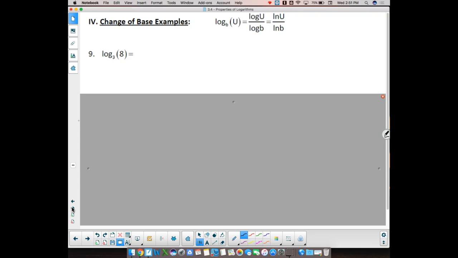Can't just type it in. Doesn't have that kind of technology. If I had one of those back there, I'd be able to type it right in, boom, move on with my life. So instead, I've either got to use log of 8 divided by log of 3, or I've got to use the natural log of 8 divided by the natural log of 3.